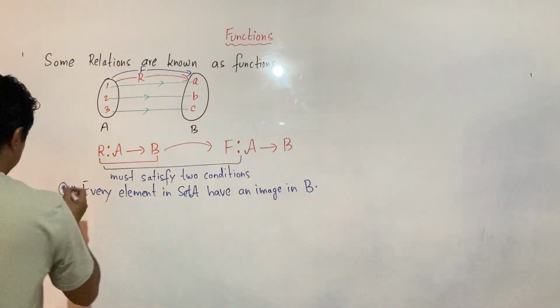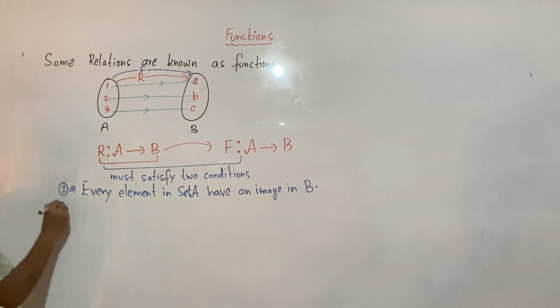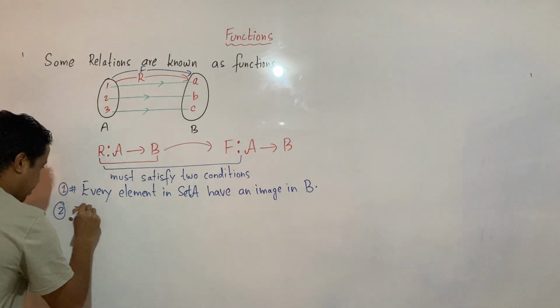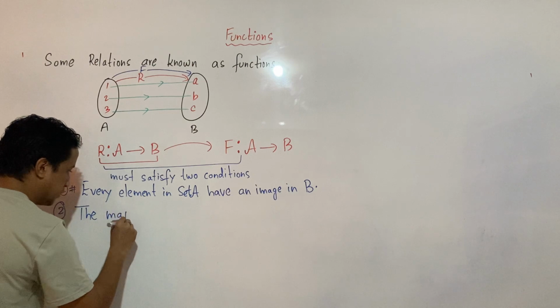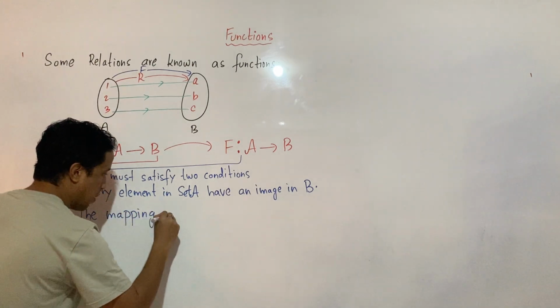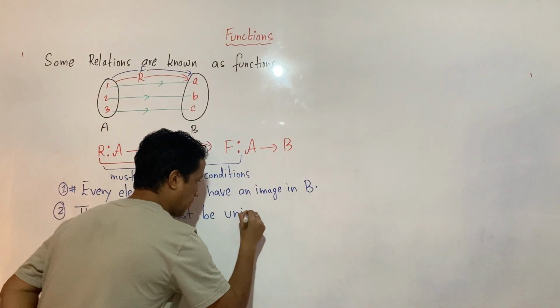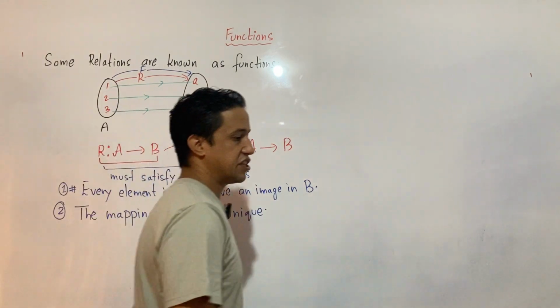And condition number 2 is that the mapping must be unique. What does it mean?